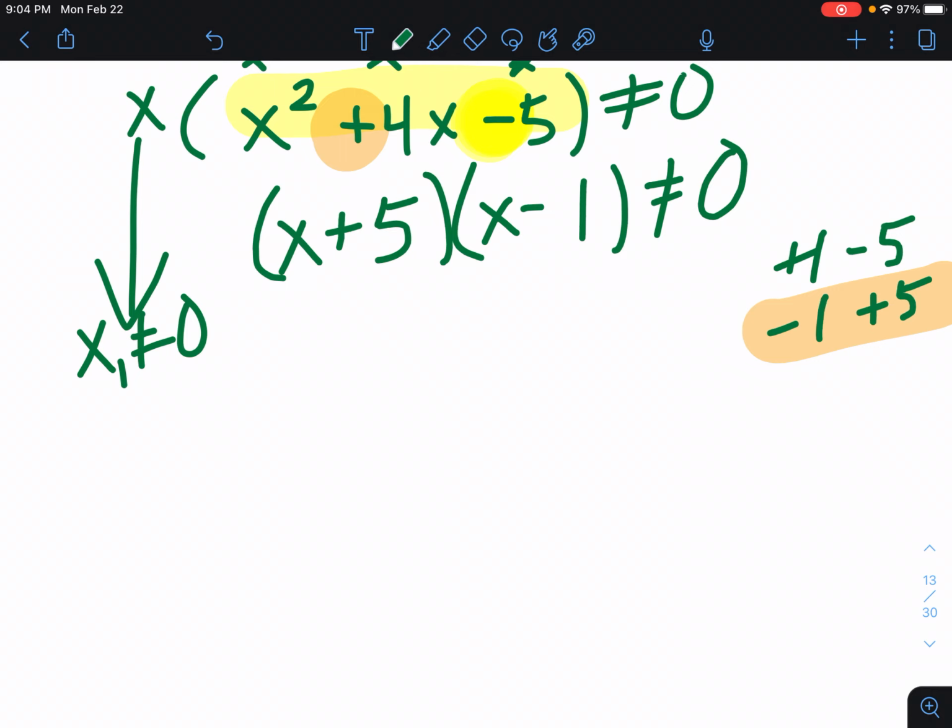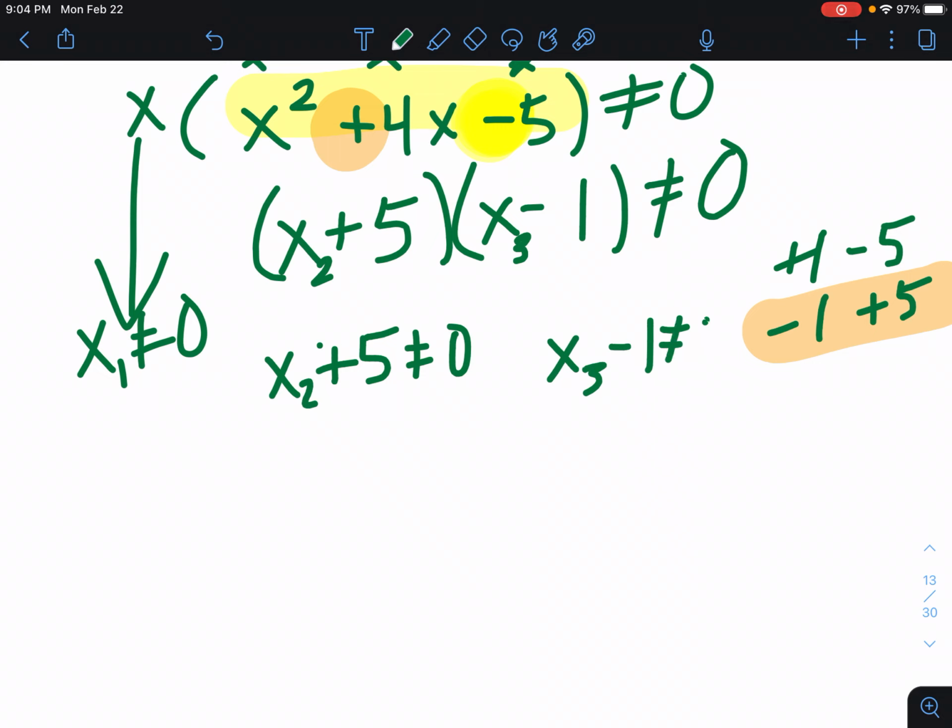So let's get our other two solutions. We do have to keep going and find out what those x's cannot be. Let's label these 2 and 3 now that they're single x's. Remember, we have the first one here. So we say x2 plus 5 cannot be equal to 0, and x3 minus 1 cannot be equal to 0.